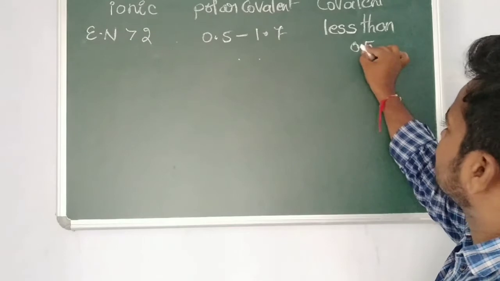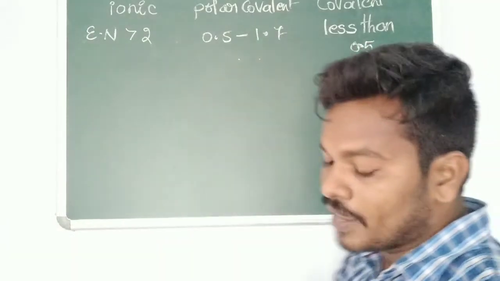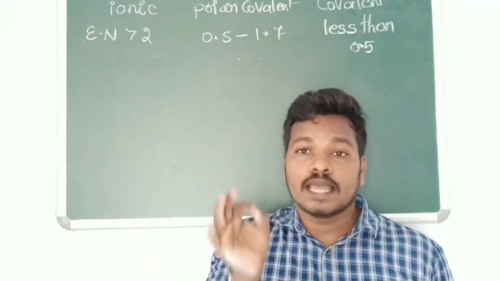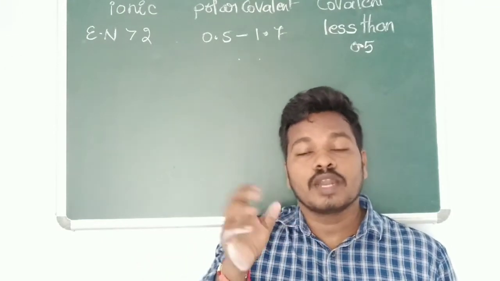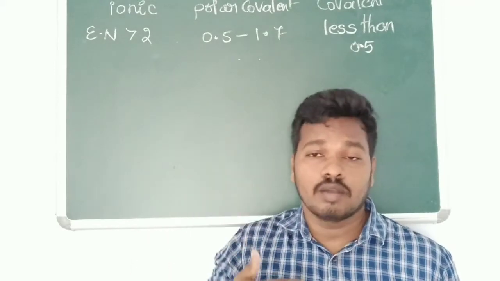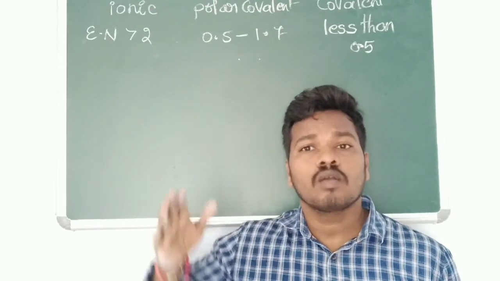So why does HCl exist as polar covalent? The electronegativity difference between chlorine and hydrogen is very small, and hydrogen is a non-metal. That's why it is a polar covalent bond.